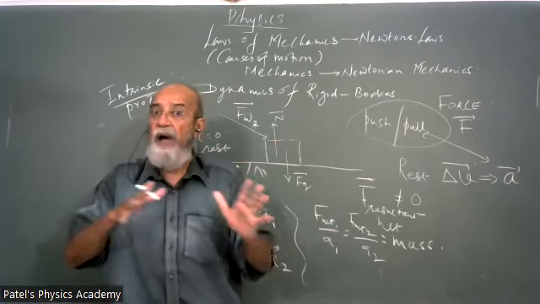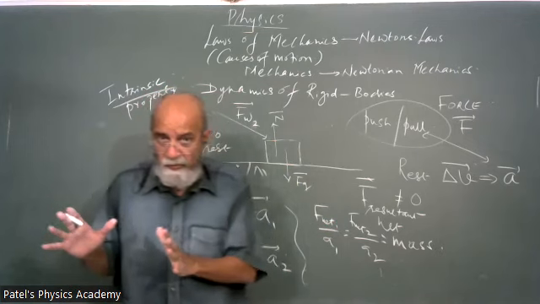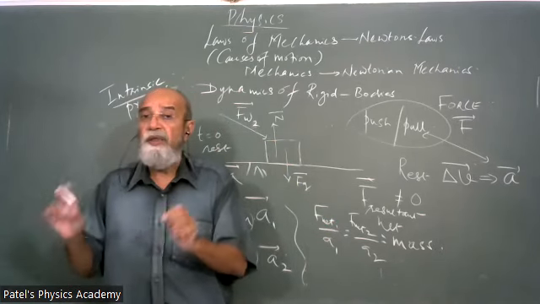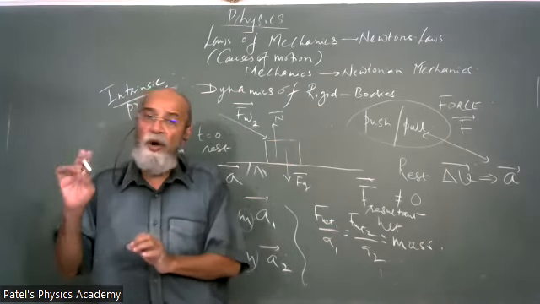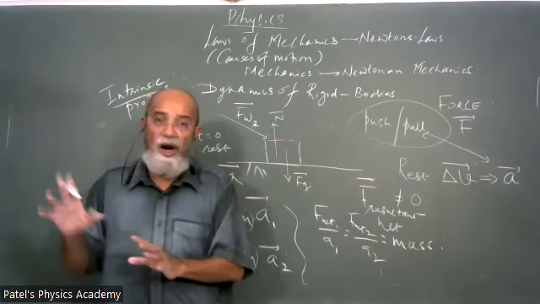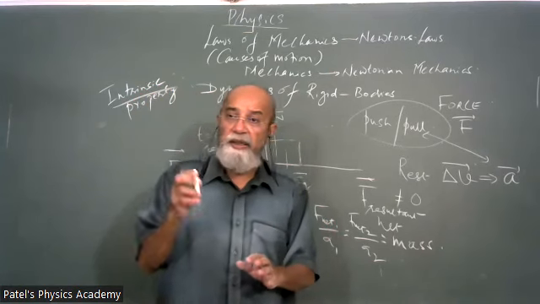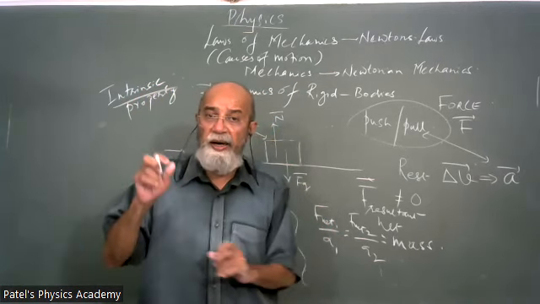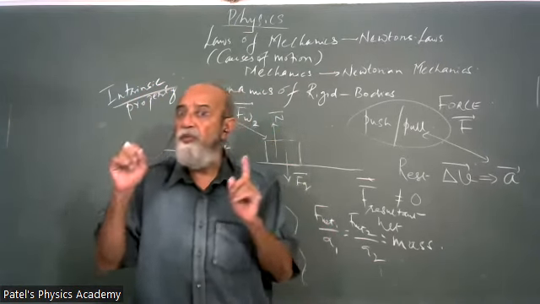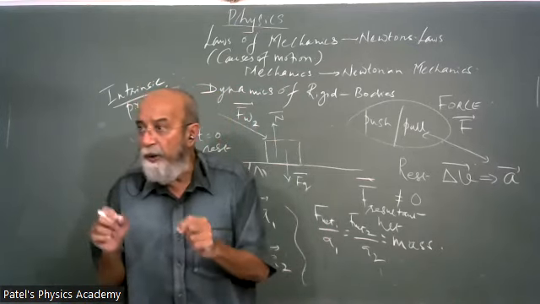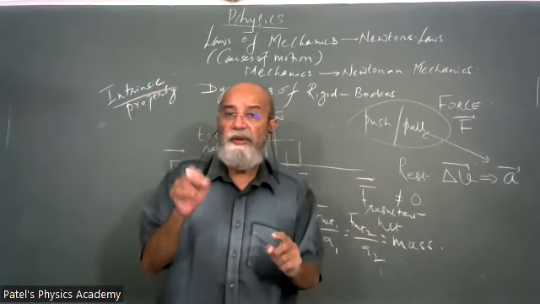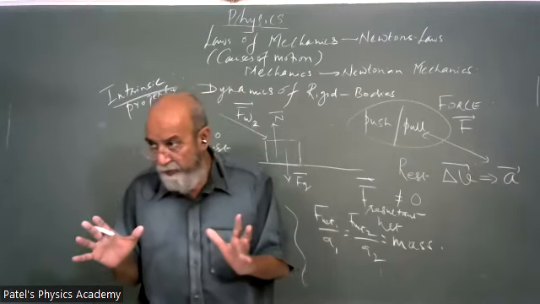Then the second half of physics is covered based on the intrinsic property charge. Same thing. I take the smallest particle and I will find that there is one more intrinsic property which I cannot get rid of, that is charge.